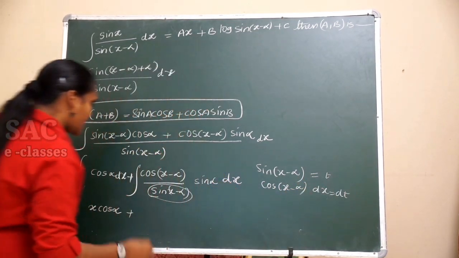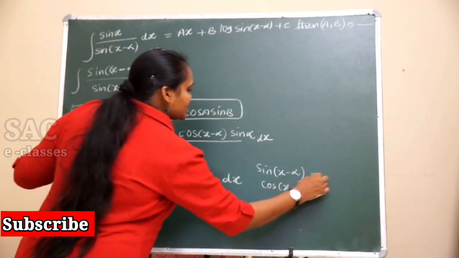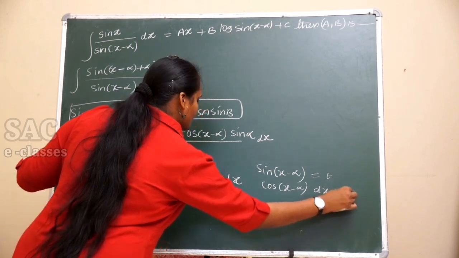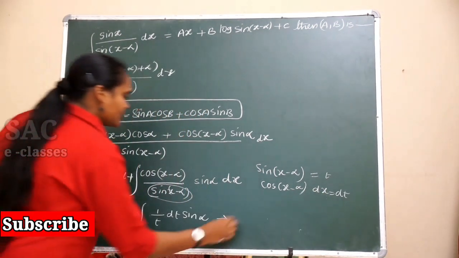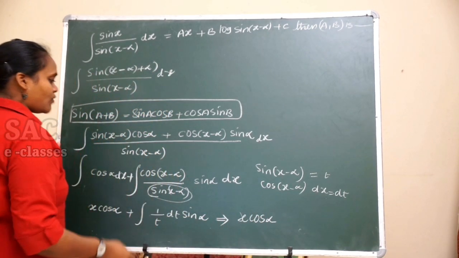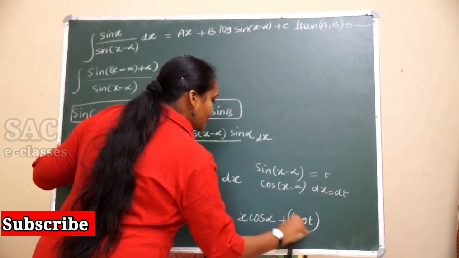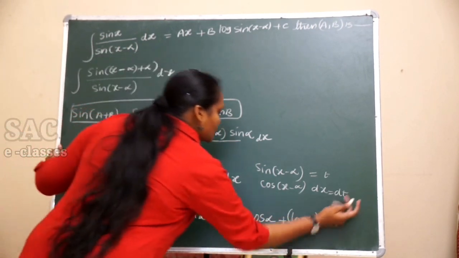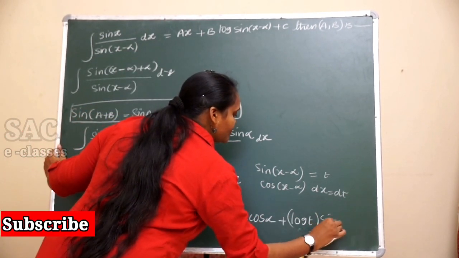So this entire one can be converted to 1 by t dt into sin α. Now this entire one will be converted as x cos α, and 1 by t you can write as log t, into sin α, plus c.